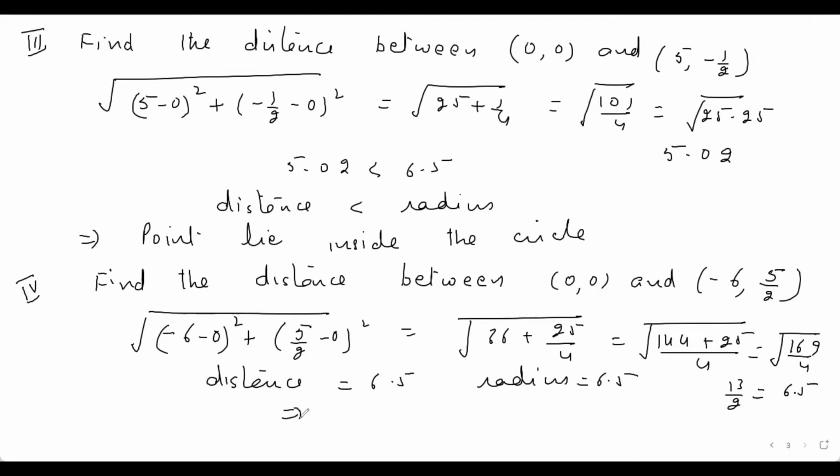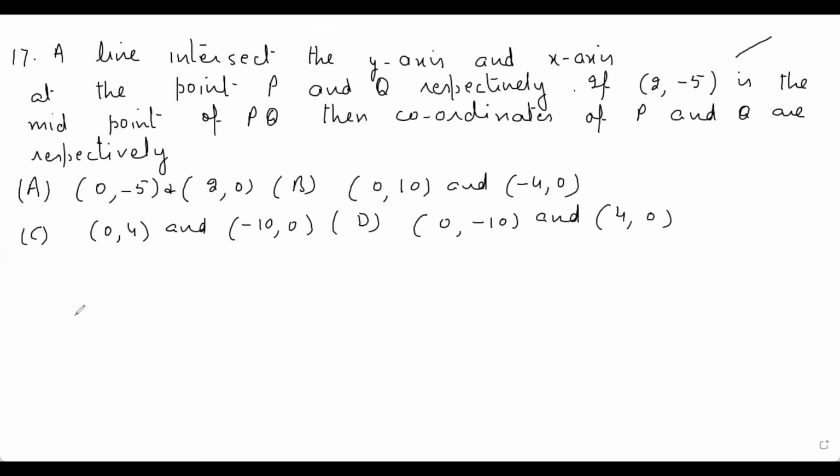So it implies distance is equal to radius. It implies the point lies on the circle. So we have to check here which point doesn't lie in the interior of the circle. So the fourth is the point which lies on the circle and it doesn't lie in the interior of the circle. So D is the option.